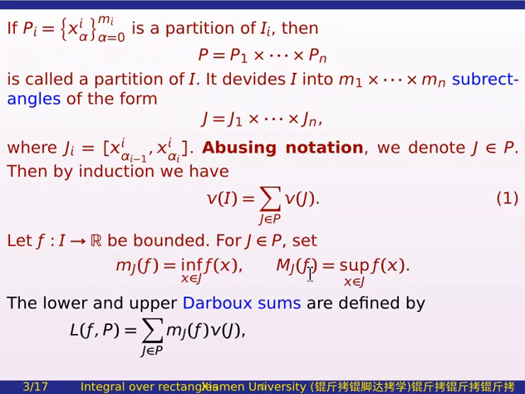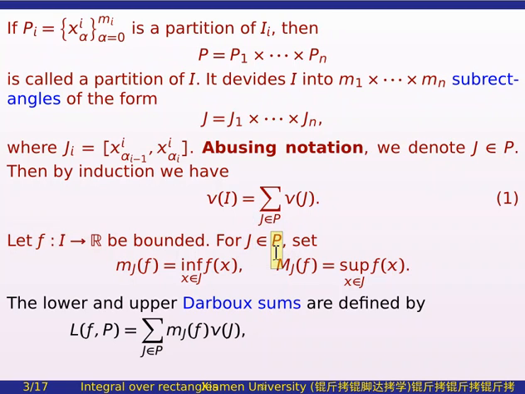Then we use the infimum to multiply the volume of J. For each sub-rectangle J, we compute m_J, multiply by the volume of J, and sum up over all the sub-rectangles from the partition P. This number is called the lower Darboux sum of our f under the partition P. The function f is given.